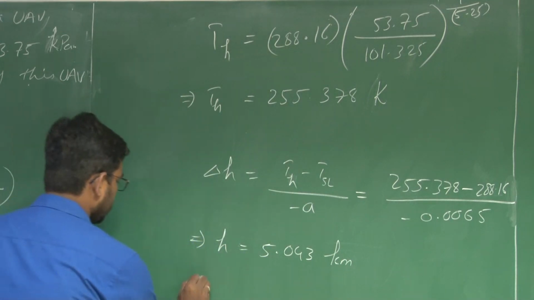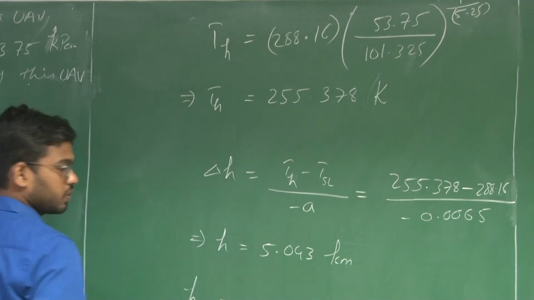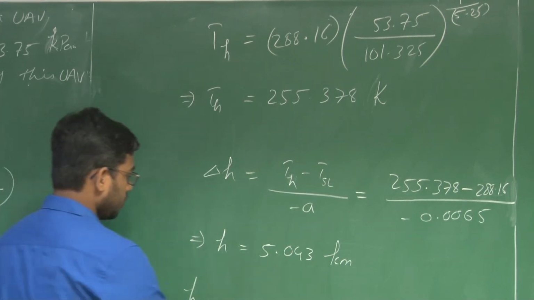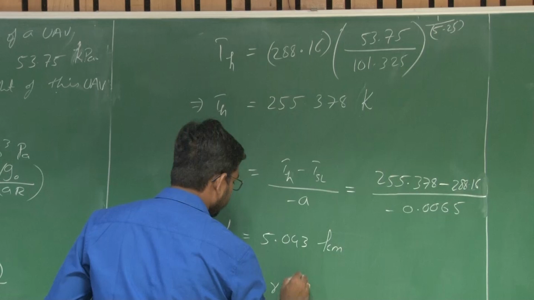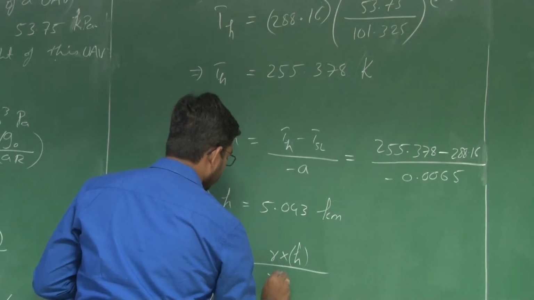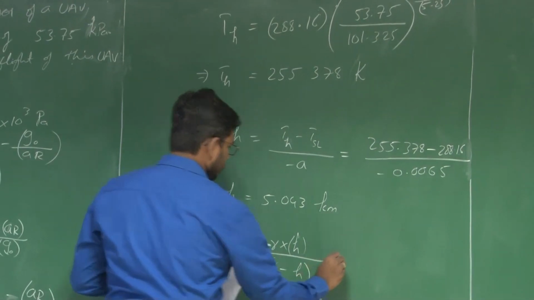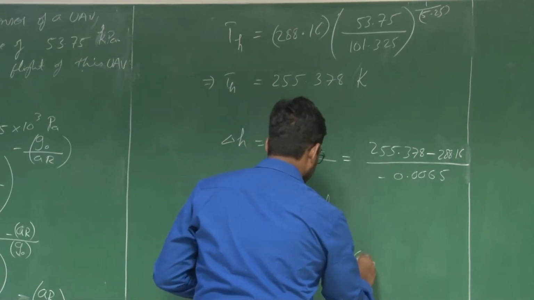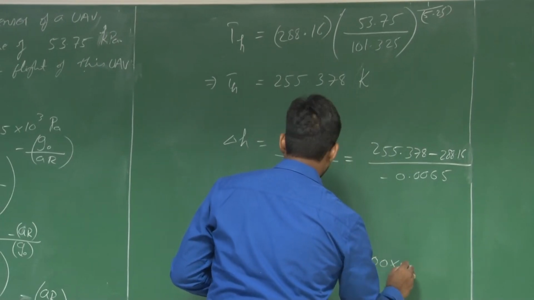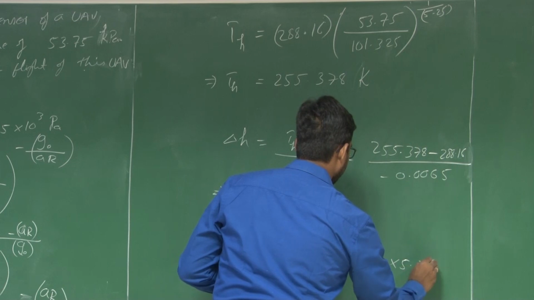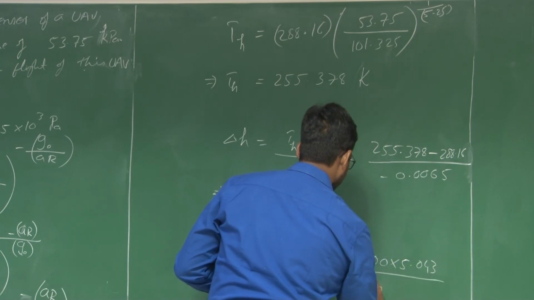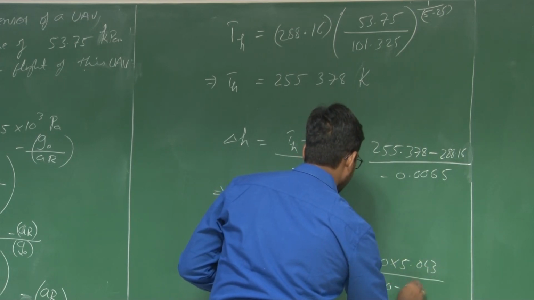Now convert this to the corresponding geopotential altitude, right. R times H divided by R minus H. This is 6400 times 5.043 divided by 6400 minus 5.043.